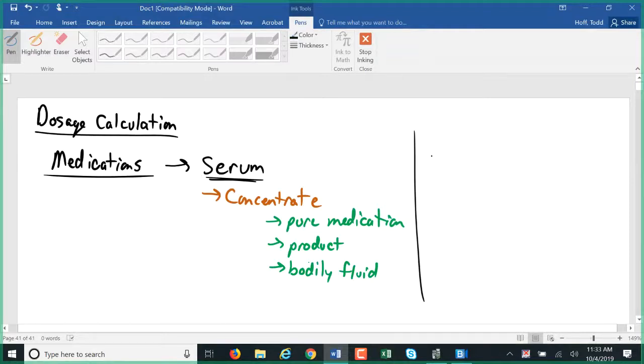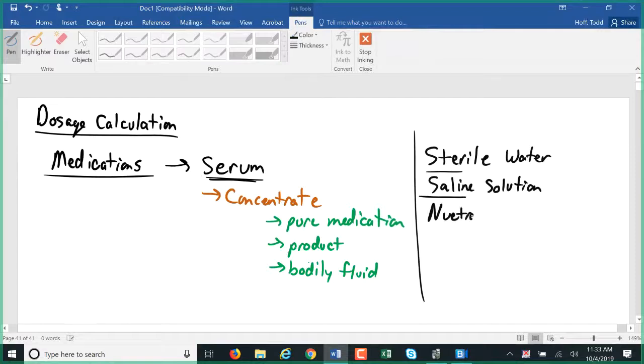Then we have, of course, something that's being mixed with. That is generally some sort of a sterile water. Could be sterile water, could be a saline solution. Just water with a few things added to it to pH balance it. Or some other form of a neutral solution. In other words, a solution that has no medical benefits to it at all.